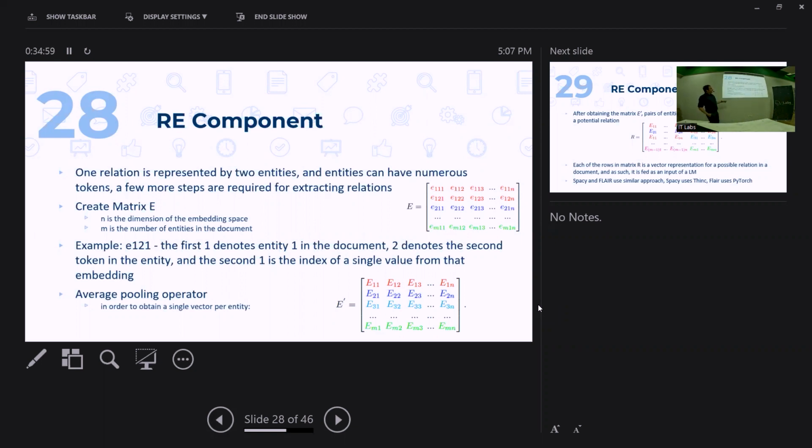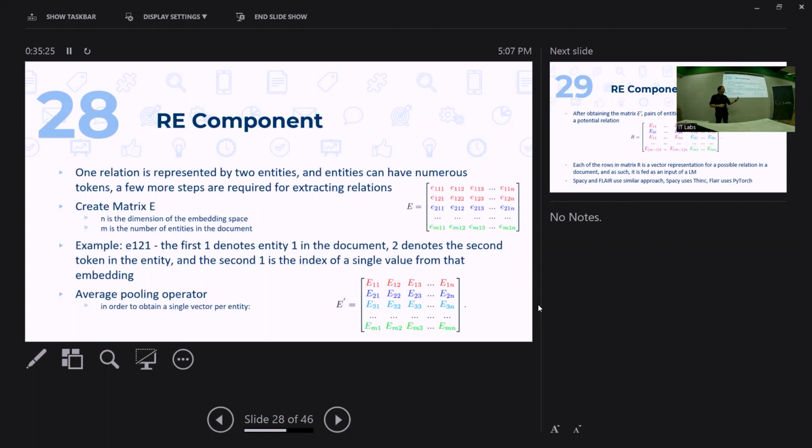Here is the example. Here I have a mistake. We use a max pooling operator. It's not averaging. What it means is that now we want to take the tokens, find the maximum pooling function, and have 1 representation for the entity. So even though the entity has 3 tokens, we just want 1 vector representation.